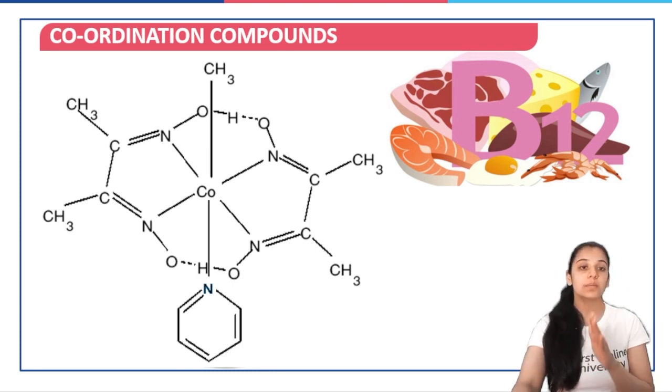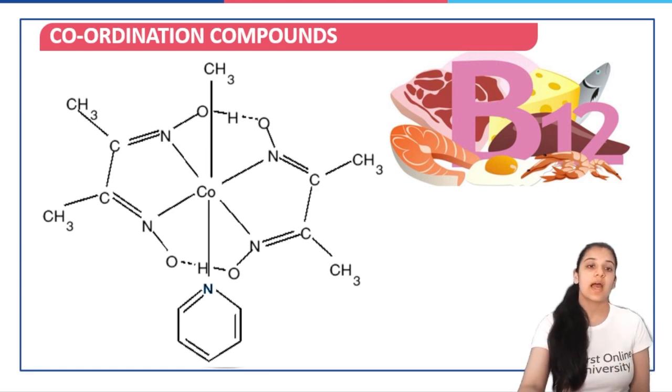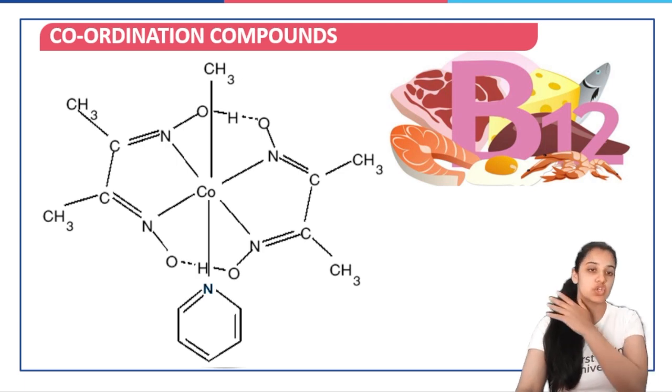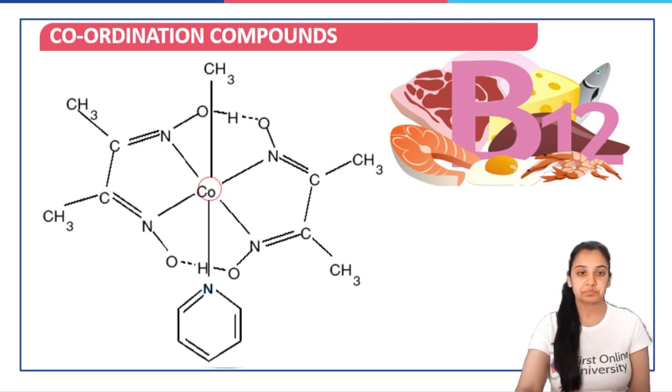Now, this could be like NH3 or NH2R or NHR2. Here we have cobalt and these four amino groups. So this is the structure of cyanocobalamin. That is the dose which is given to vitamin B12 deficient patients. Don't worry, you need not learn the structure of it. Just need to remember the name.